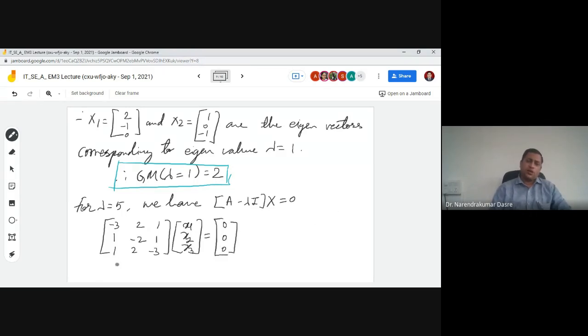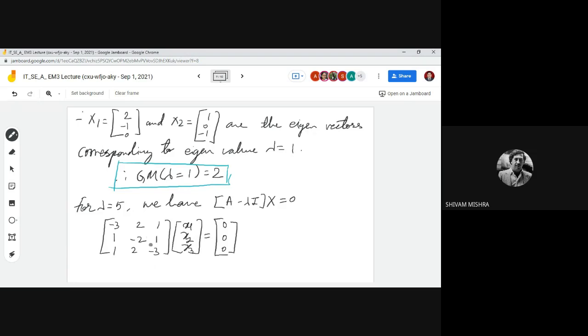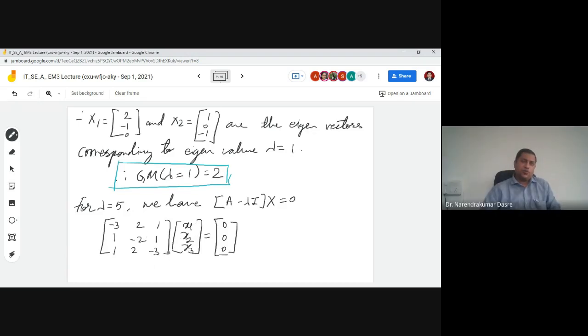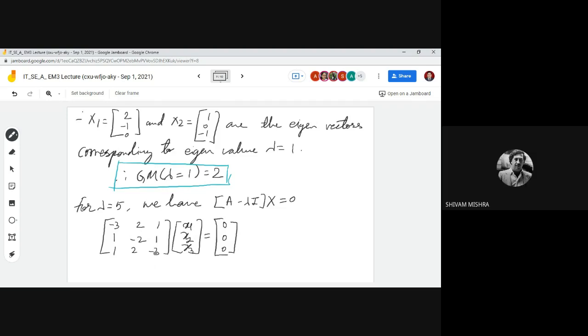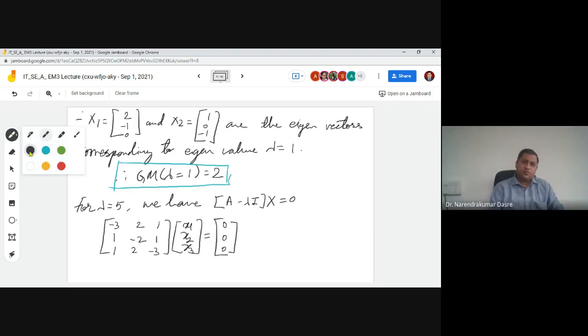Okay, now how many distinct equations we have here? 3. So what we will do to find the eigenvector? Take any two equations from them.